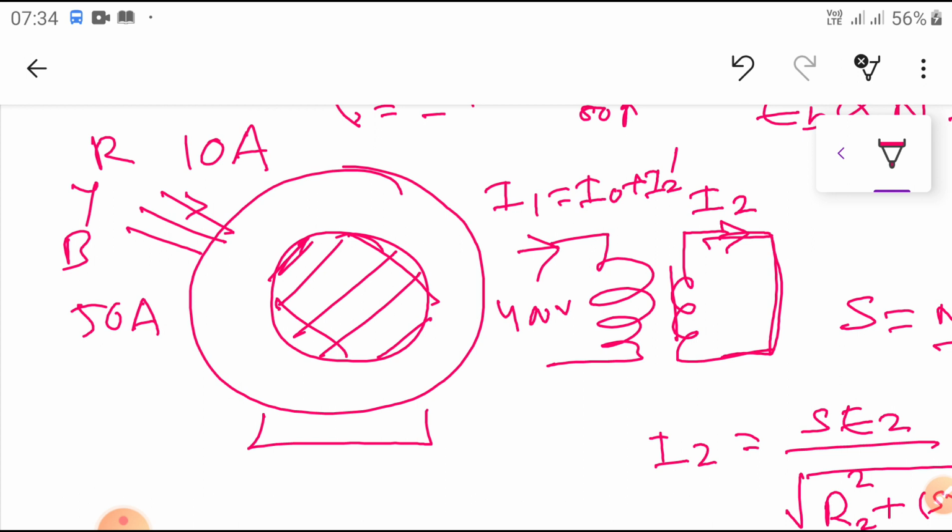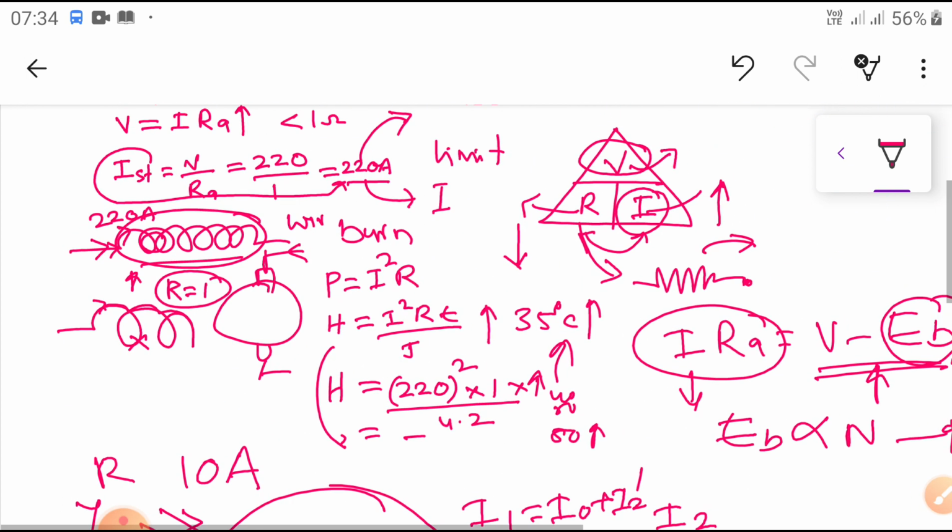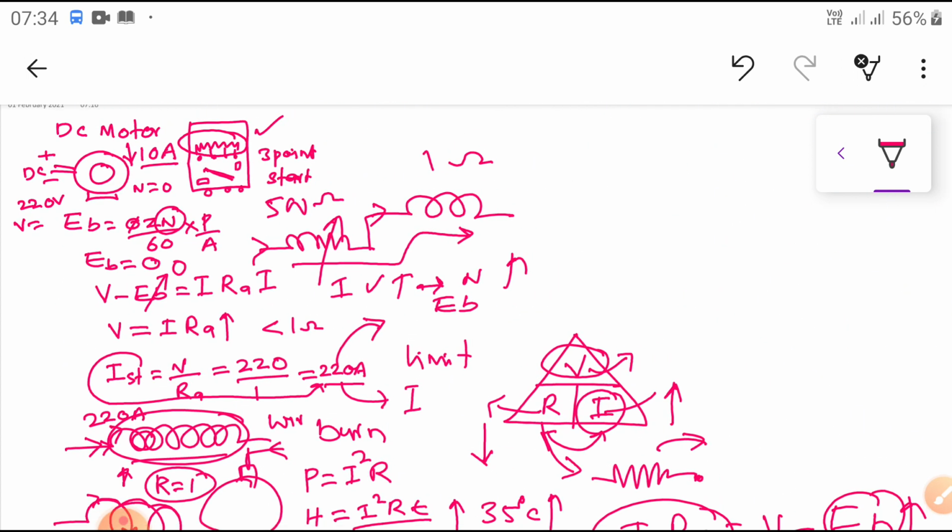So what is required? The starter limits the current drawn by the motor at starting. That's why we require the starter. The starter is useful not only to limit the starting current, but also to protect from low voltage conditions and overload conditions. Similar to the 3-point starter, we use two coils here, the OLR, the overload release coil.